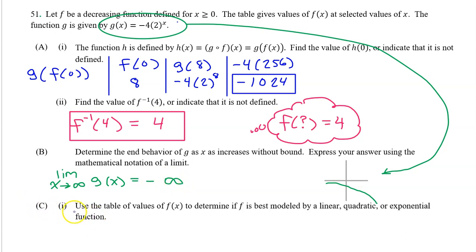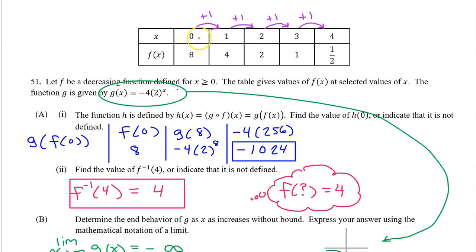Part C1. Use the table of values of f of x to determine if f is best modeled by a linear, quadratic, or exponential function. Because we have equal length input value intervals, we can focus on what's going on with the output values to figure out if it's going to be a linear model, a quadratic model, or an exponential model.